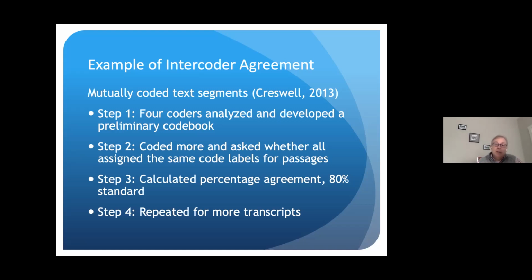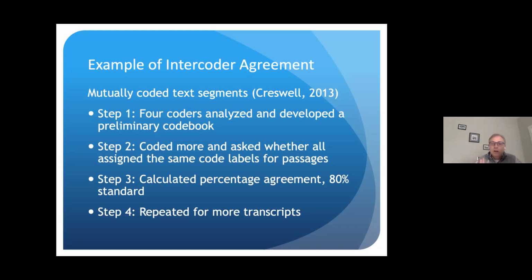Let's say I coded something as a team function, and then someone else identified a code function of the team. Clearly that's the same thing, but if we're just using software to calculate it, that would technically show as a disagreement. So that's why it's important to have a code book established before you go through that.